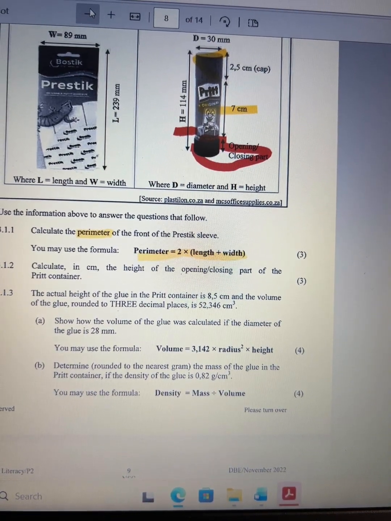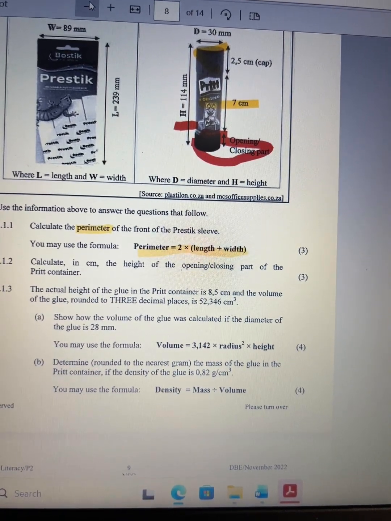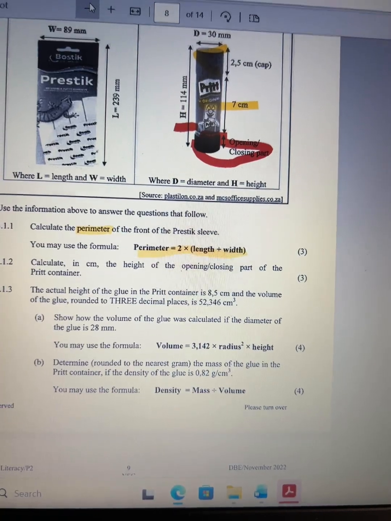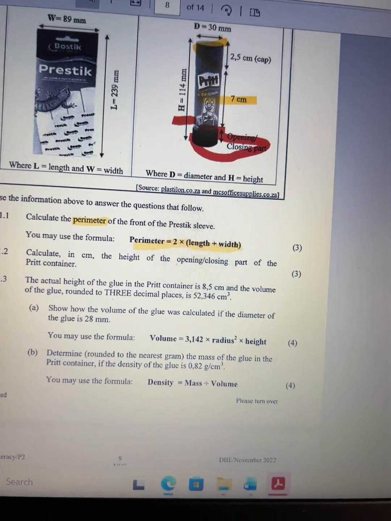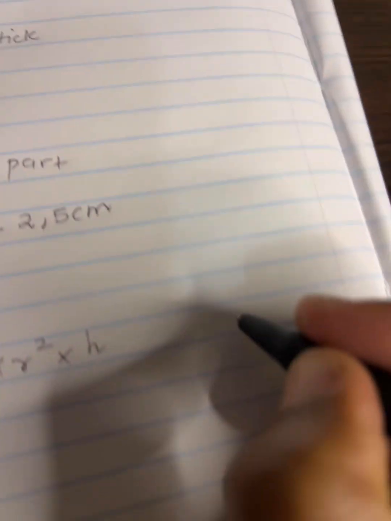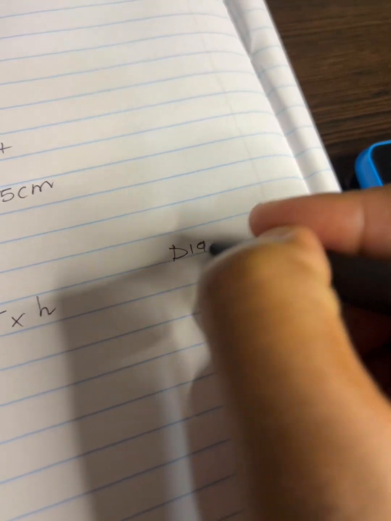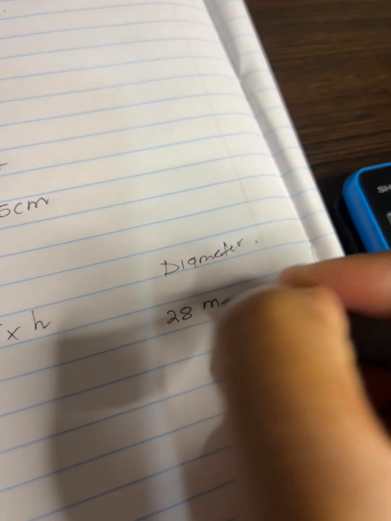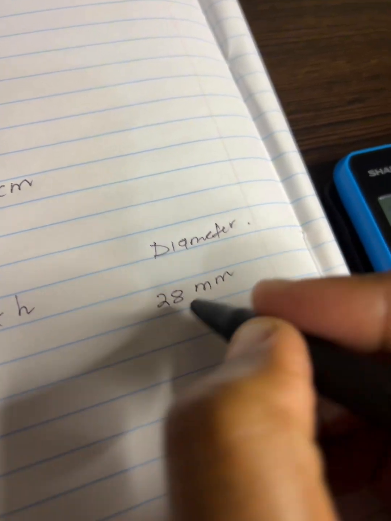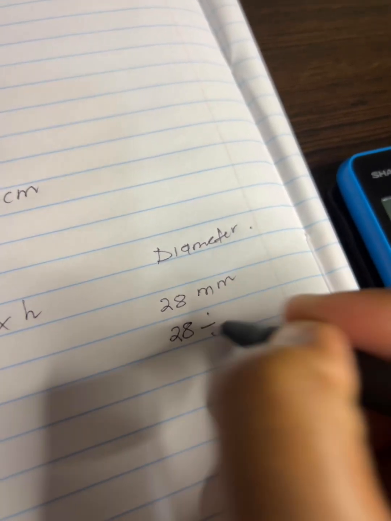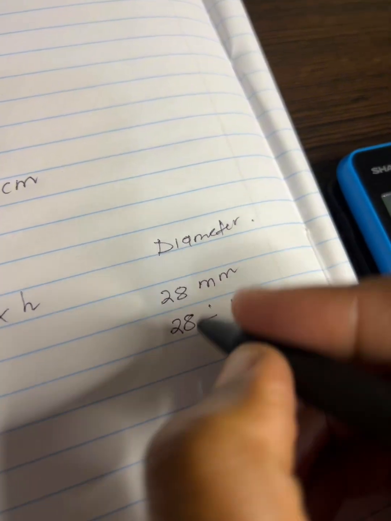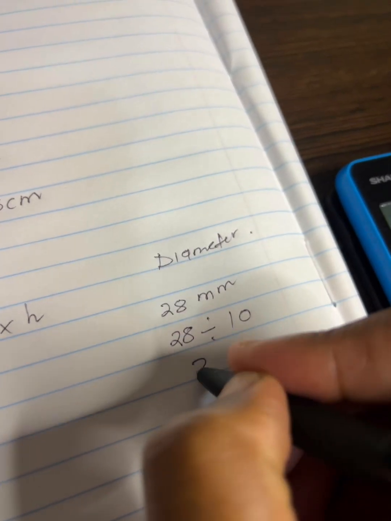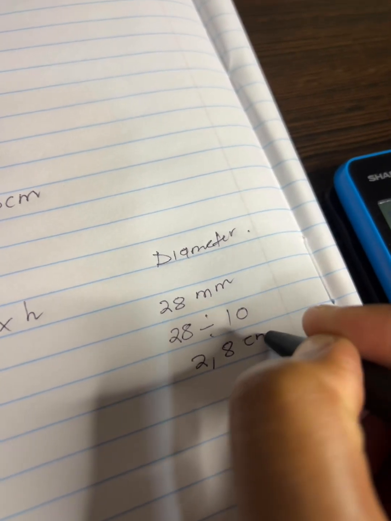So the first thing that we're going to do is to change that 28 millimeter and make it centimeter, meaning that we're going to say diameter, we have 28 millimeter. We have to convert it to centimeter, so 28 divided by 10 because we are going upwards, and then the answer will be 2.8 centimeter.